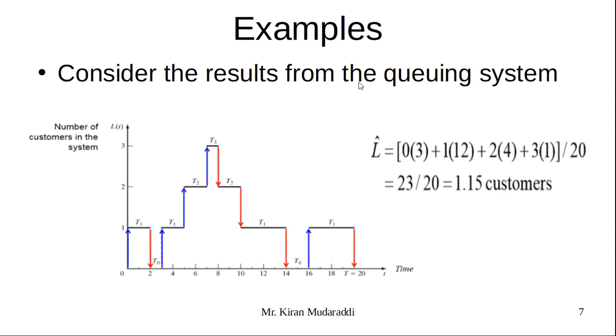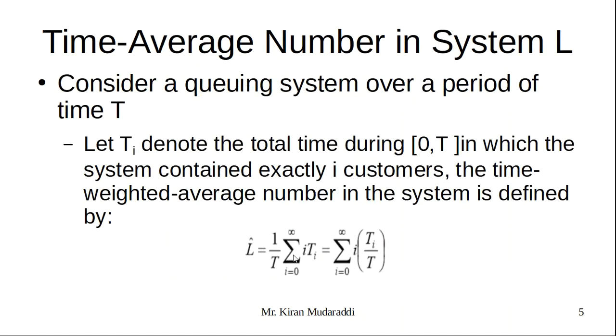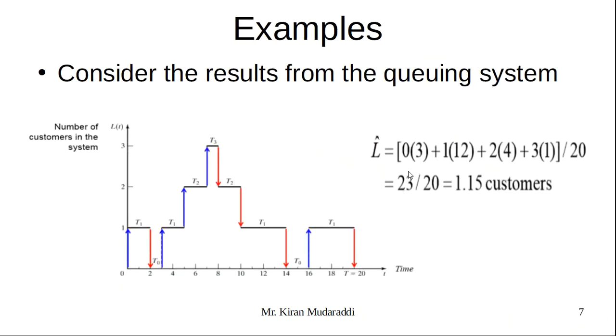Let us understand one example. We are going to calculate the time average number in a system, that stands for L. According to the formula, it is the summation of i starting from 0 to infinity.